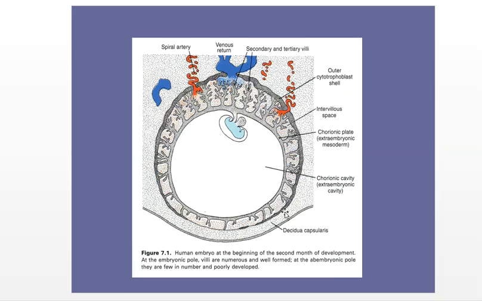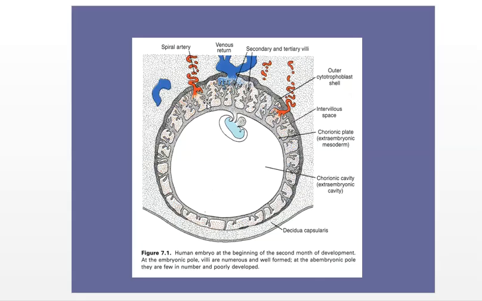If you look at the whole embryo, in the embryonic pole the tertiary villi is developed very well, and finally we say that this is like a bushy chorion, a tertiary villi, and the shape is like a specific picture. We say that this is the chorion frondosum. Frondosum means bushy, like a small tree in the desert, a bush.